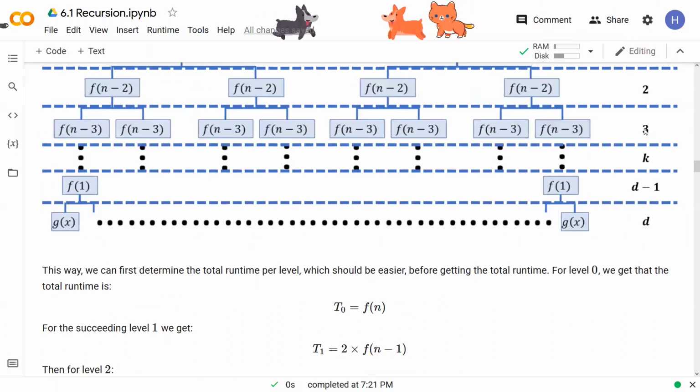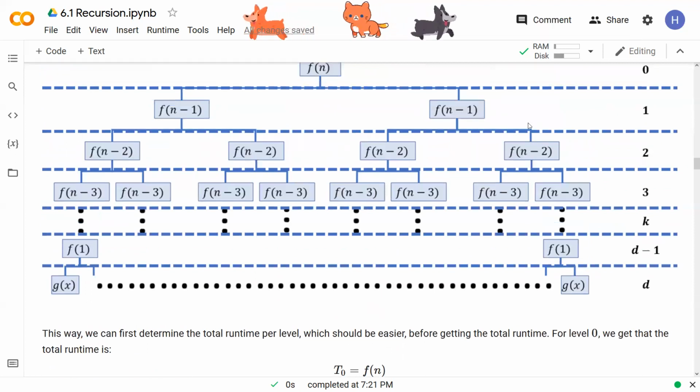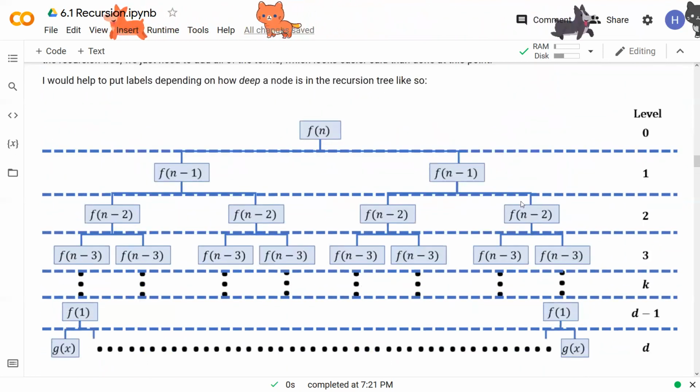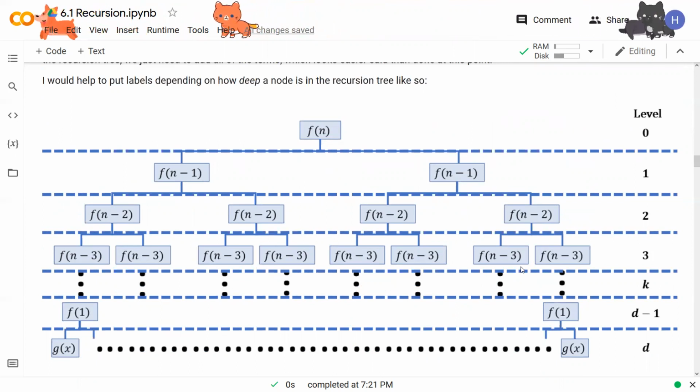So, for example, dito sa 3, we have 8. And actually, notice nyo dito, nag-start tayo with 1, and then naging 2, naging 4, naging 8. And you can expect yung next level natin would have 16, and then 32, and so on and so forth.